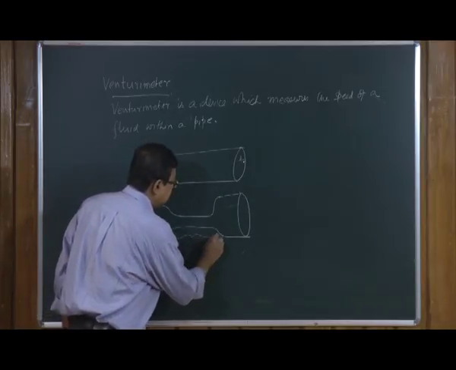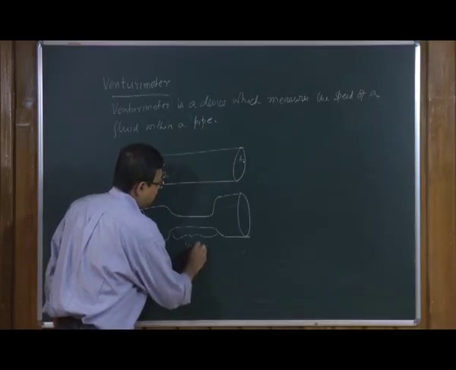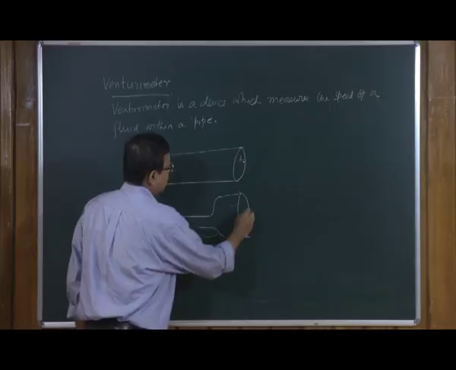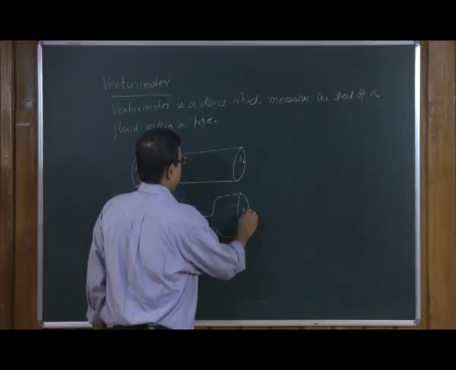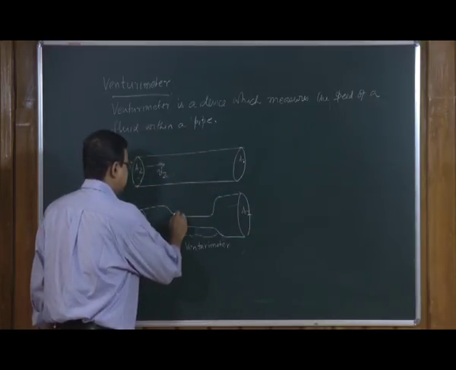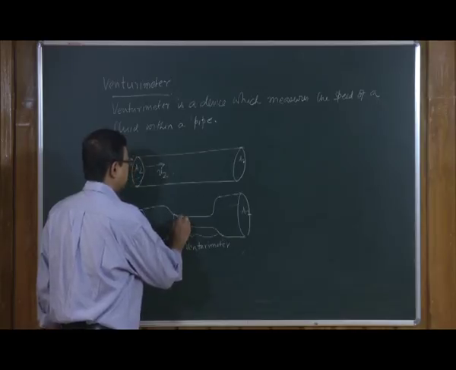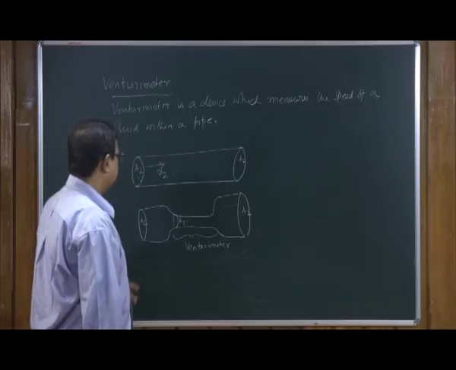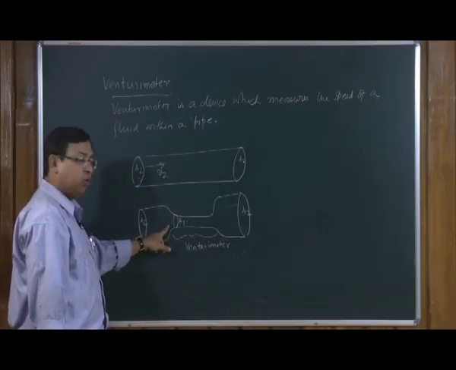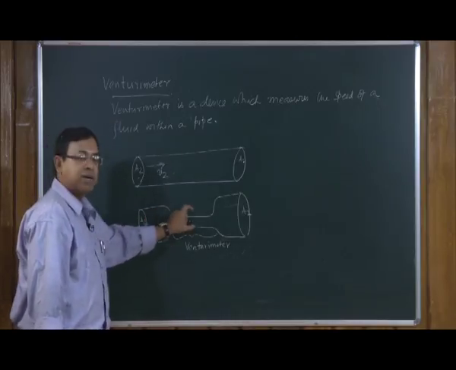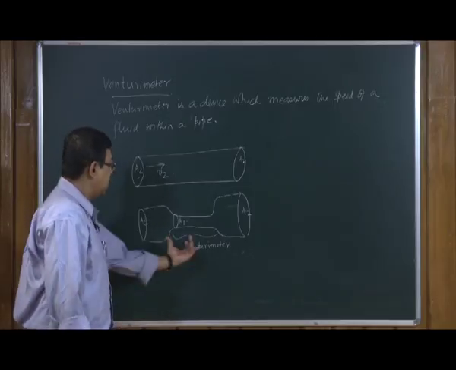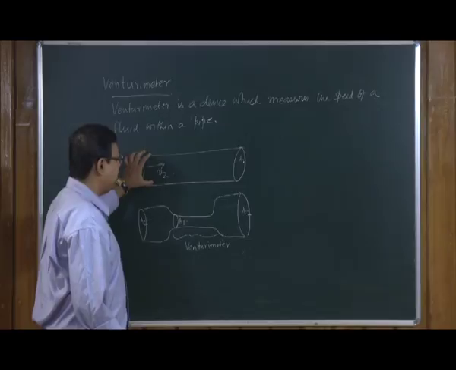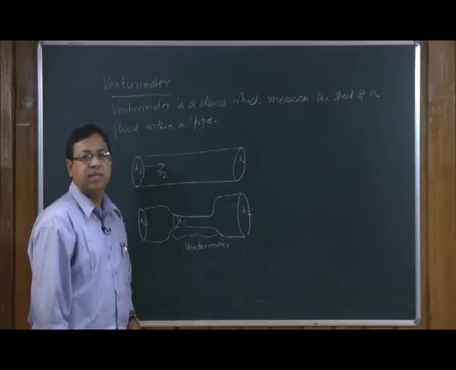This is the region which is called the Venturi meter. This is A2 as well, and this has an area of cross section A1. I want to find the speed of the fluid through this constriction. So, I introduce a Venturi meter inside the pipe.